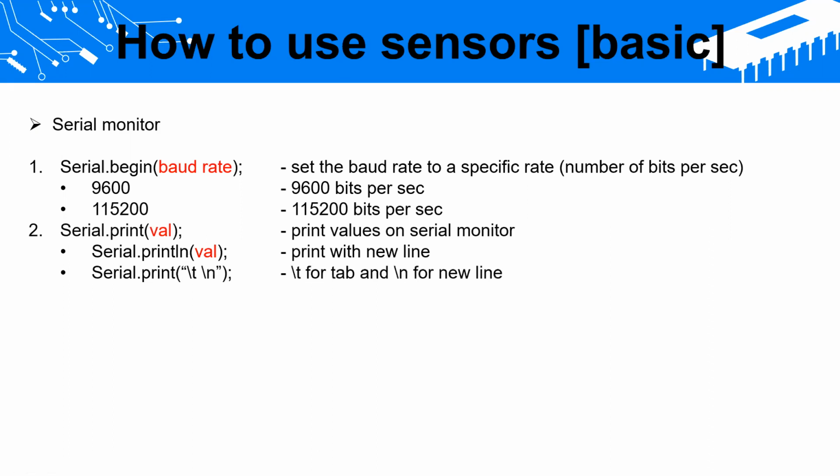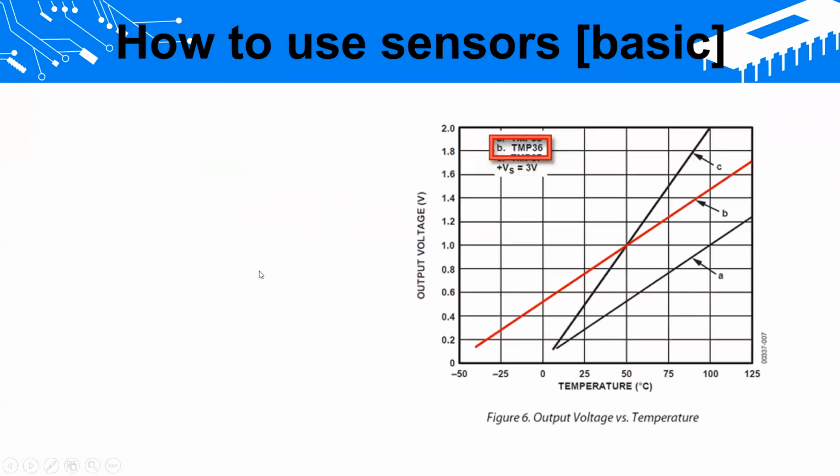Similarly, you can print a tab to give some space between printed values. If you use the new line, the next character will print on the next line. You can use the serial monitor like that.